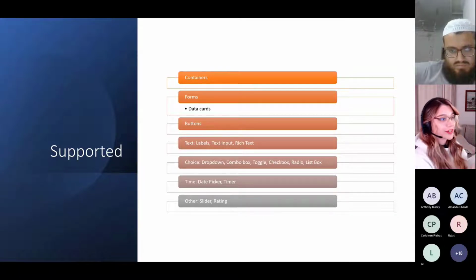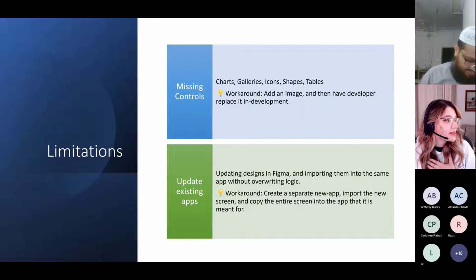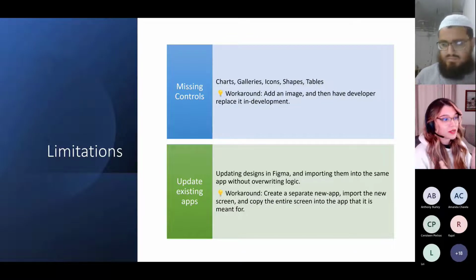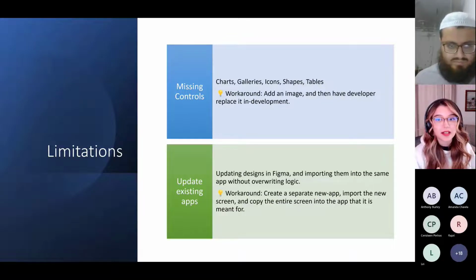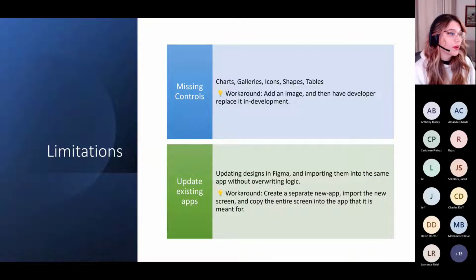So most of our primary functionality does work with Figma, which is great. For the purposes of our demo today, there are some limitations, some missing controls still. Charts are missing, galleries, icons, shapes, tables. So you can draw some things in Figma right now, and they'll just come on over as an image. So it's just something to be aware of.